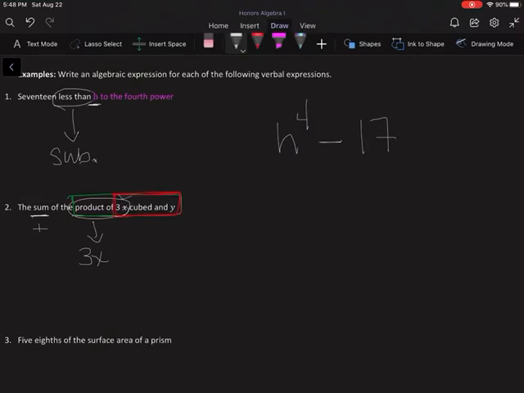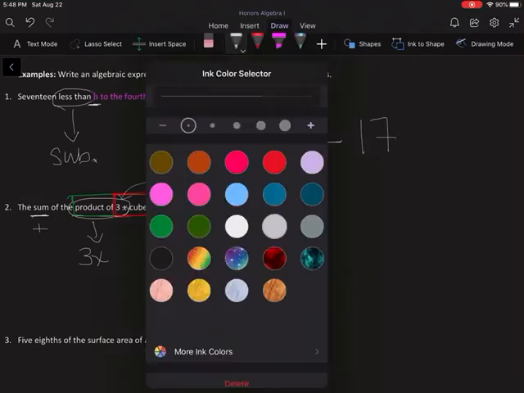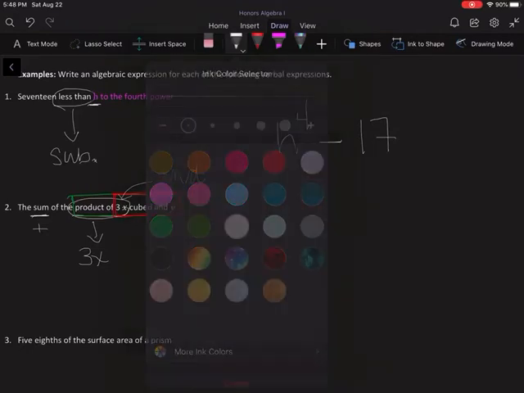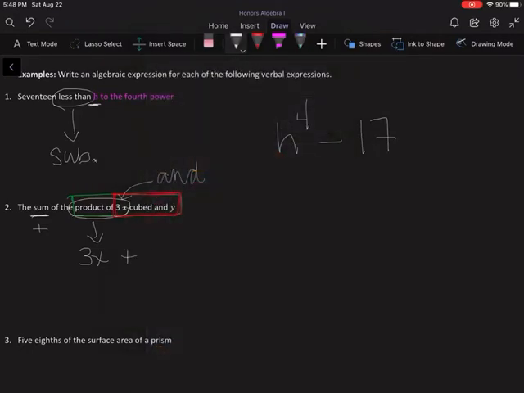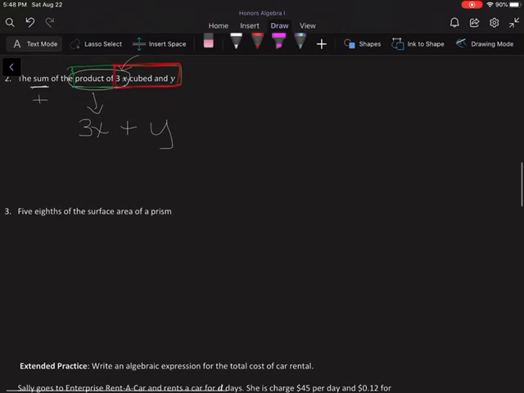My mistake there. And then we should have the sum of that, so it's going to be plus y. I'll make sure that wording isn't confusing down the line. All right, so let's move on to the next one because that one was a little off.